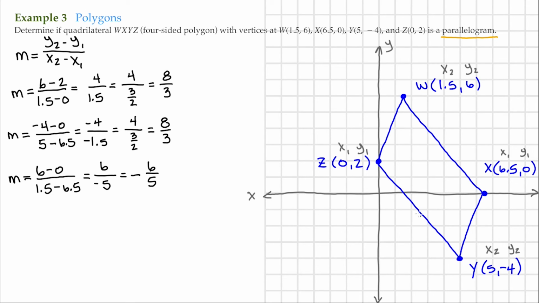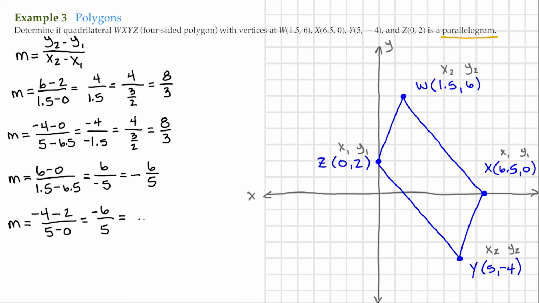If this line segment here, ZY or YZ, has the same slope, then we know we have a parallelogram. So we'll do that. -4 minus 2 over 5 minus 0. -4 minus 2, that's -6. 5 minus 0, that's 5.